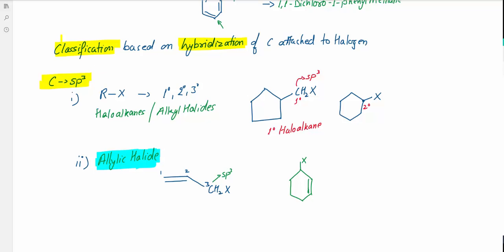So this carbon which you see here, to which the halogen is connected, is sp3, and this is connected to a carbon-carbon double bond. So even that is nothing but belongs to the allylic halide family.